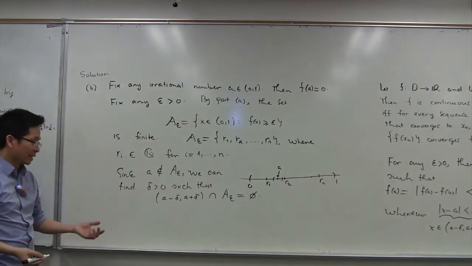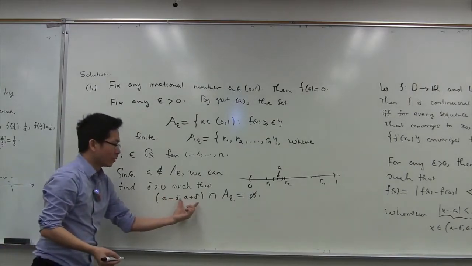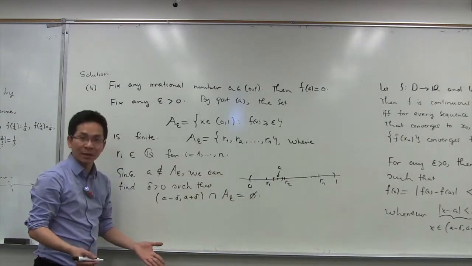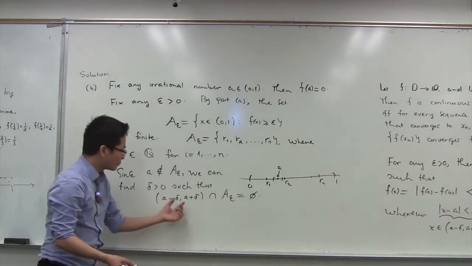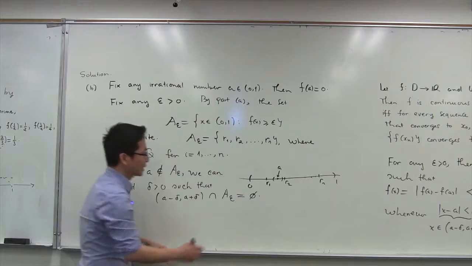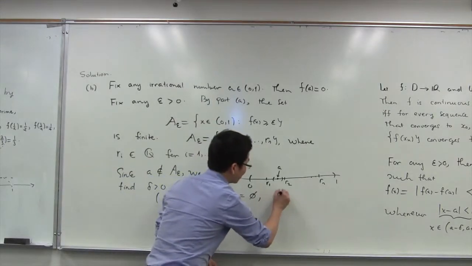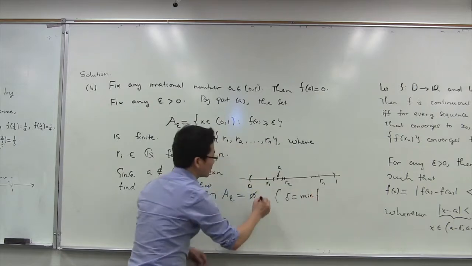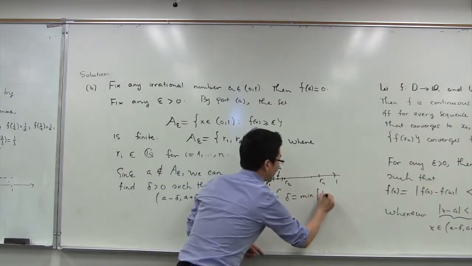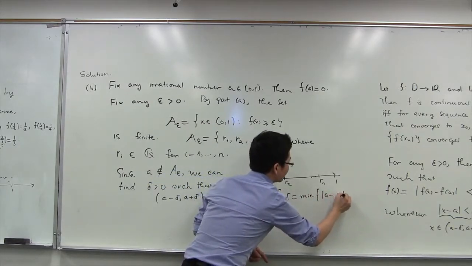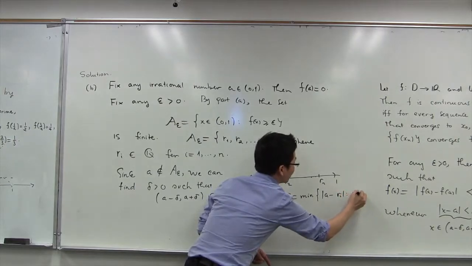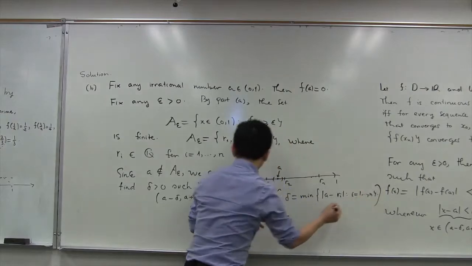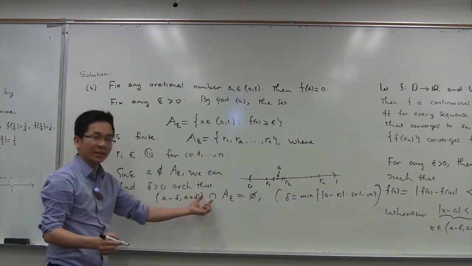Or equivalently, this interval is a subset of the complement of A_epsilon. So how can we choose this delta? We can choose this delta, for example, by taking the minimum of the absolute value of a minus ri, where i runs from 1 to n. Then for sure delta satisfies this condition.